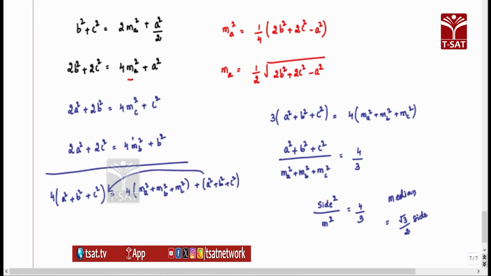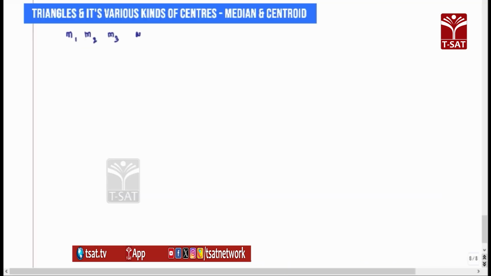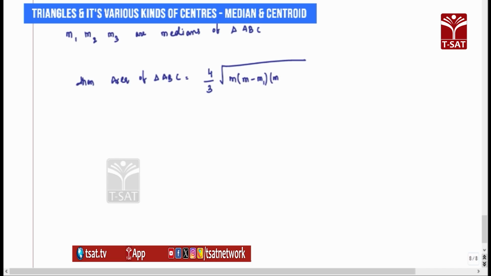Median is equal to √3/2 times the side in an equilateral triangle. If M1, M2, M3 are medians of triangle ABC, then the area of triangle ABC is equal to 4/3 under root of m into (m minus m1) into (m minus m2) into (m minus m3).